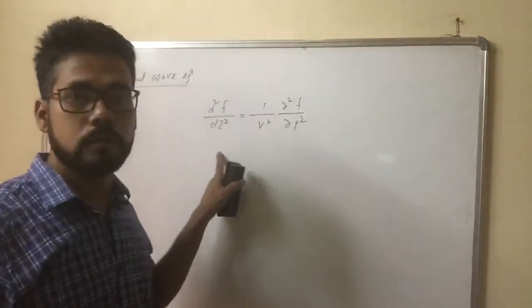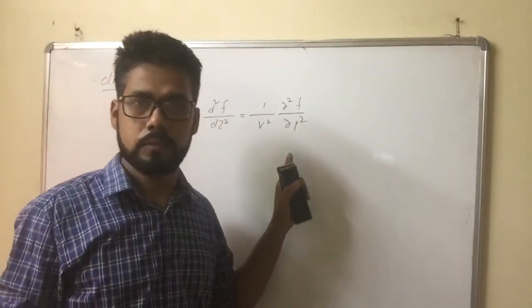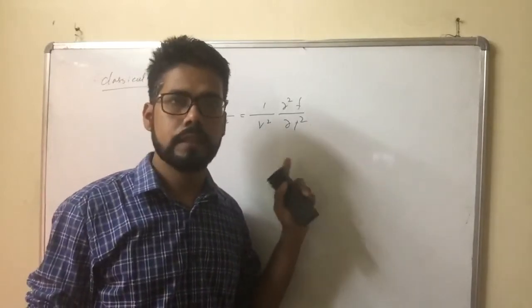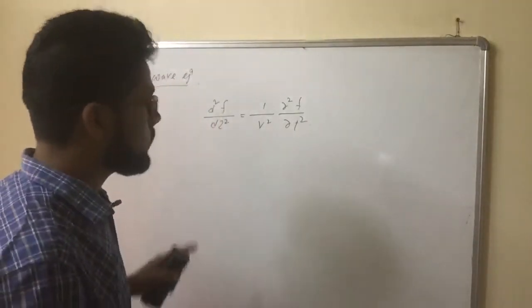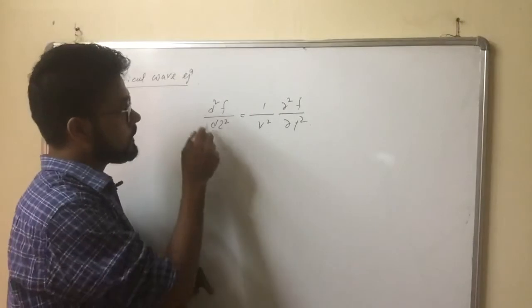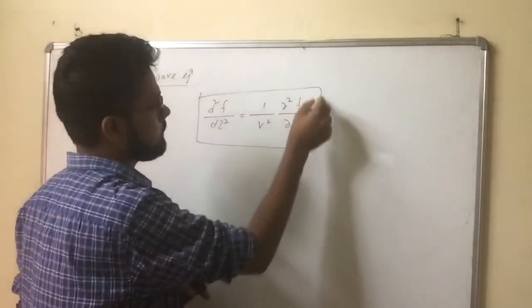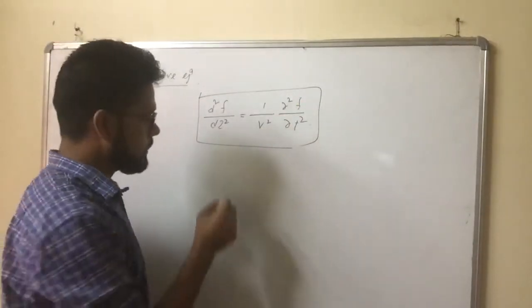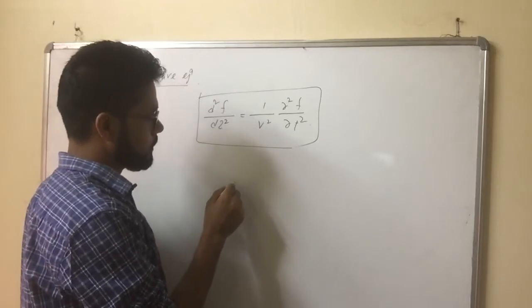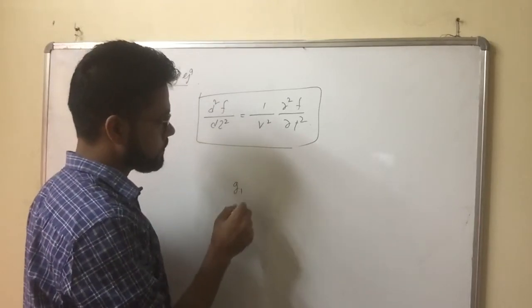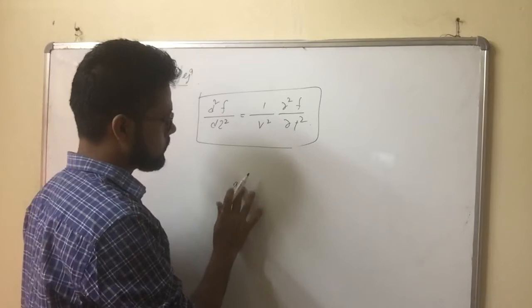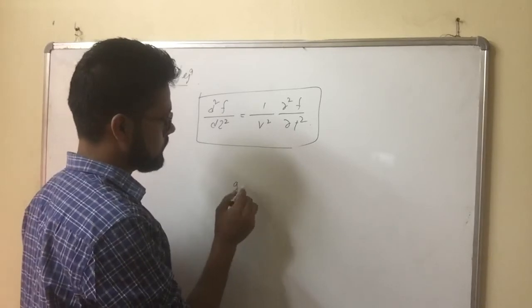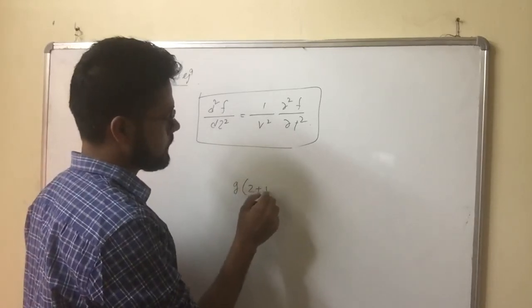I am not going to give you the detailed solution of the differential equation. It is very easy, so I will discuss what type of solution it has. This equation has three solutions. One solution, suppose g1, is a function of z plus vt.